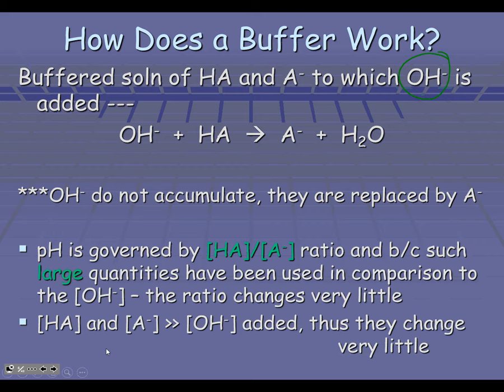So first thing you want to do is kind of figure out, what's the chemistry that's got to happen here? If we add hydroxide, what part of it does it want to react with? Does it want to react with the weak acid, or does it want to react with a weak base? Well, because it's a strong base, it has to react with our weak acid.